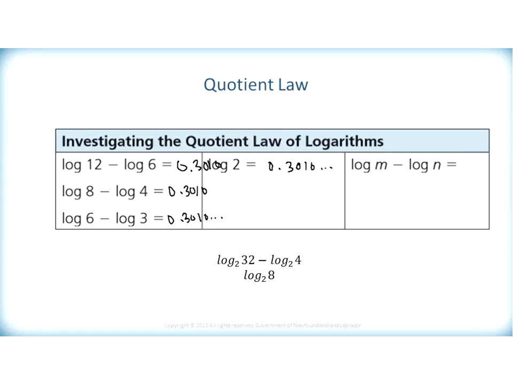And from this, we can see that the difference of logarithmic expressions with the same base is equal to log m over n. Here, 12 divided by 6 gives us 2, or 8 divided by 4 gives us 2. And so we can look at an example again here.